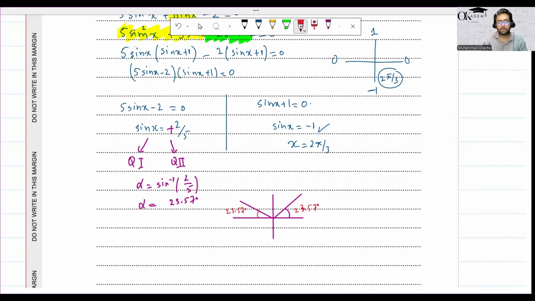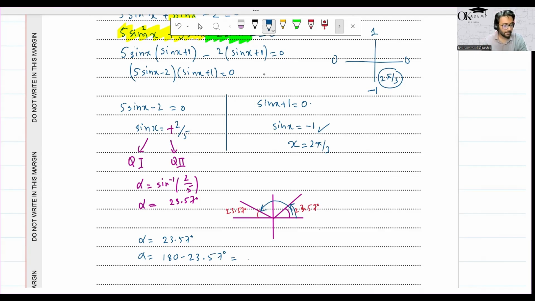Let's work out the principal angles. Principal angles start from the positive x-axis. This is one principal angle. The other principal angle is going to be this one, which essentially is 180 minus 23.57 degrees.